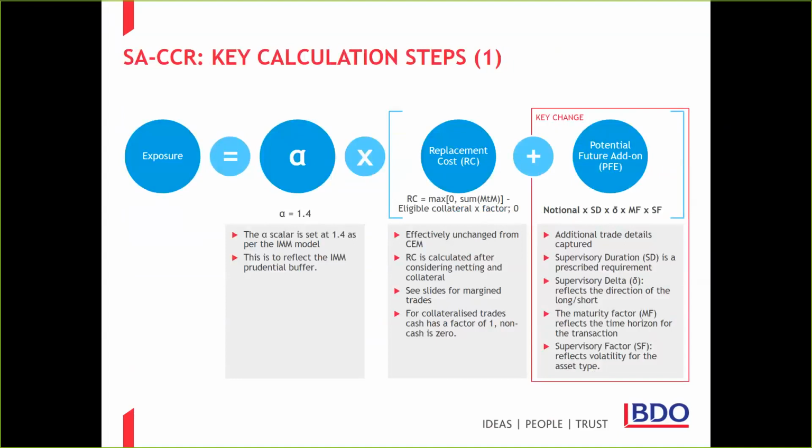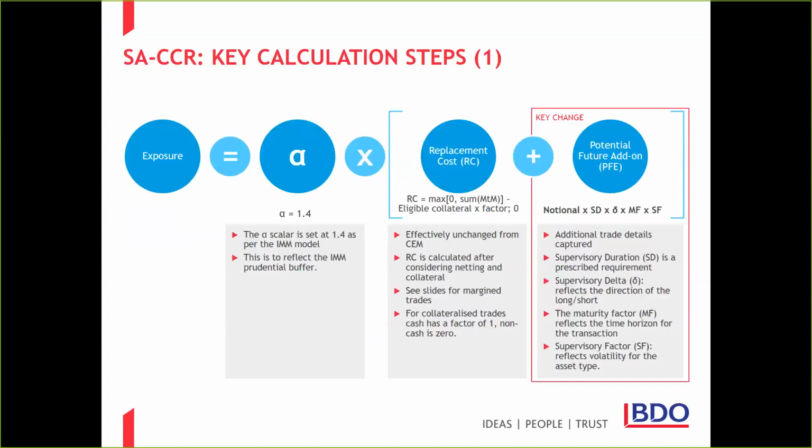On the counterparty credit risk changes, all I will say is that there will be additional calculations to the potential future add-on calculations. So it's not just the factor based on product as we used to have. They actually introduced some more supervisory metrics like duration, delta, maturity factor, and supervisory factor, whereas in the past it was much less onerous.